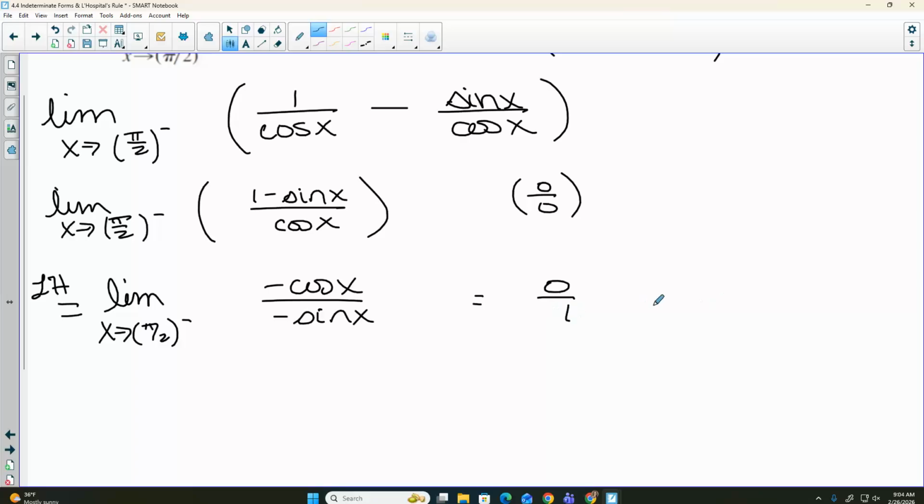So 0 over 1, we can evaluate that. It's giving us 0. Where did you get the negative cosine? Oh, L'Hopital, so the derivative of the top: the derivative of 1 minus sine gives you the negative cosine. Gotcha. Any other questions?